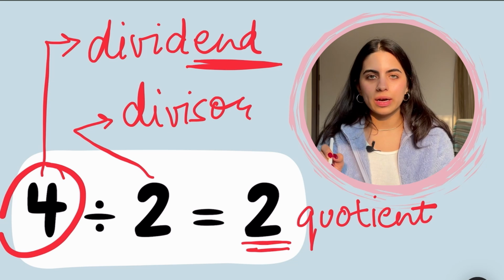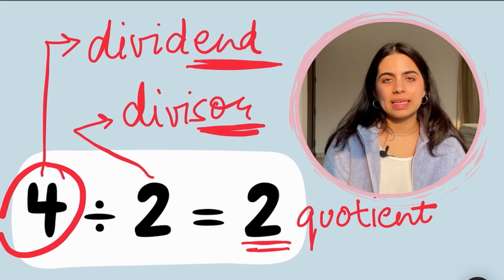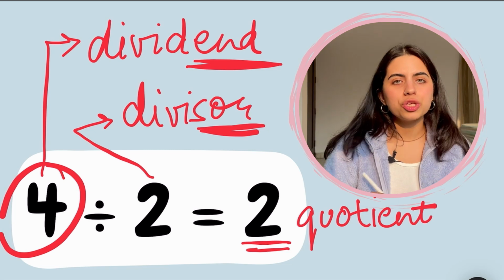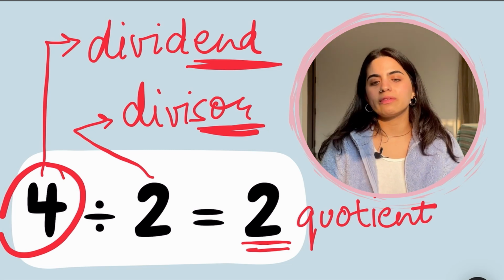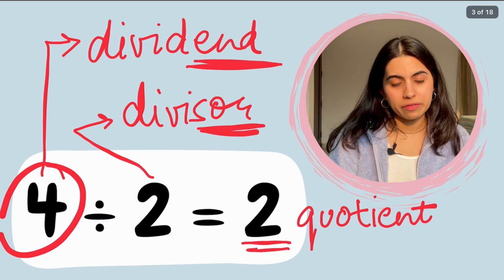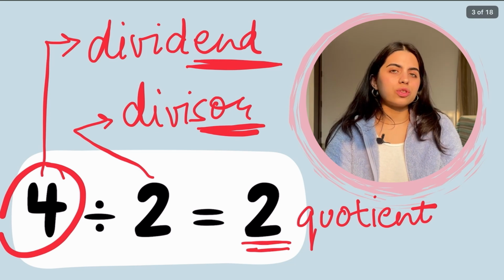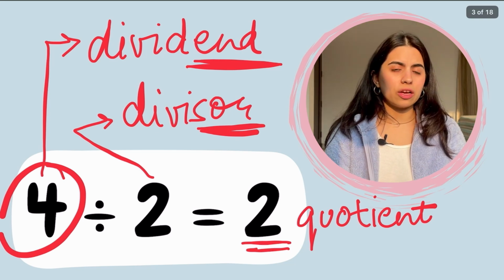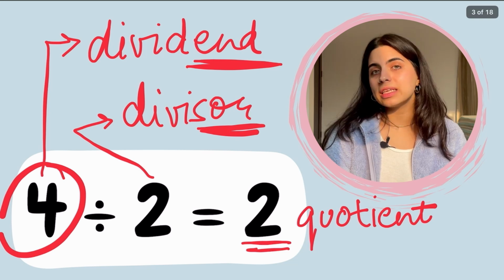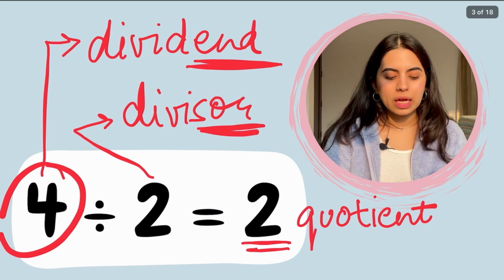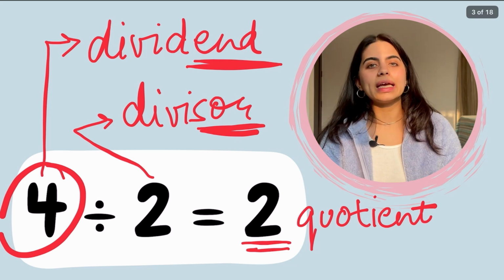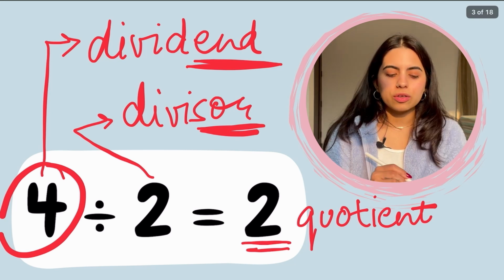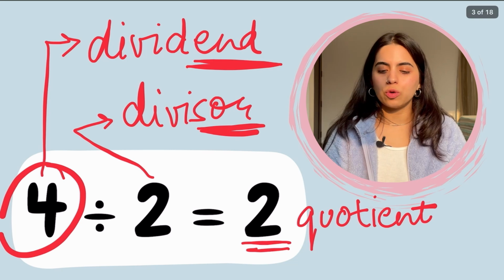It has the word end in it. And the number that is dividing is the divisor. So if you remember what is dividend, you will automatically remember what is divisor. So these are the terms that we'll be using. You can devise your own ways of remembering things. I would suggest to think of something funny because funny things stay with us longer. So like for me, I'm ending the number, which is 4. So that's my dividend. So dividend, divisor and quotient.